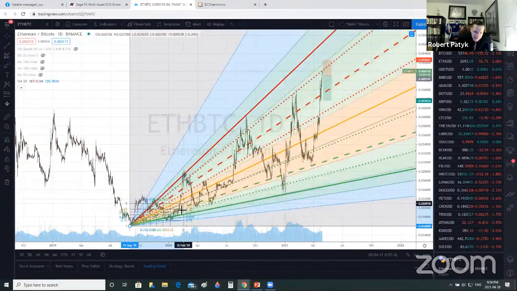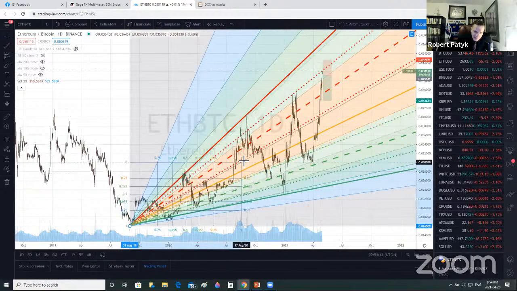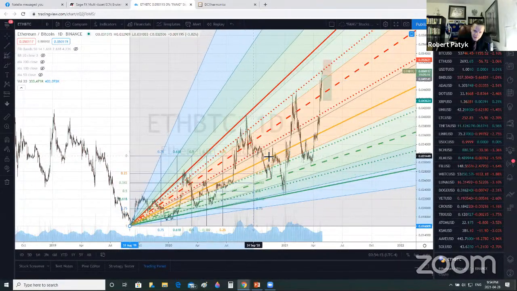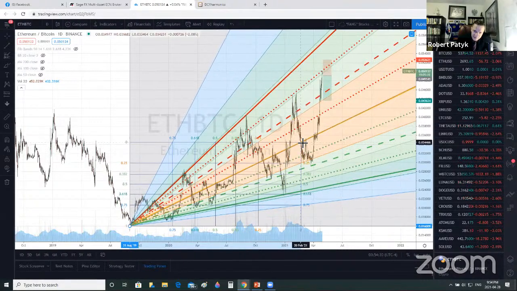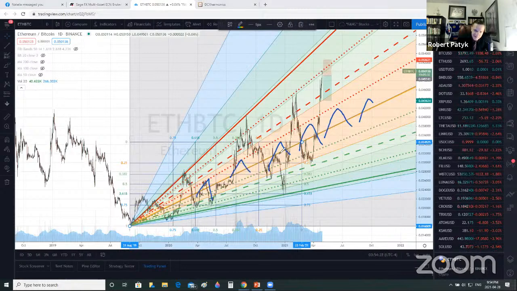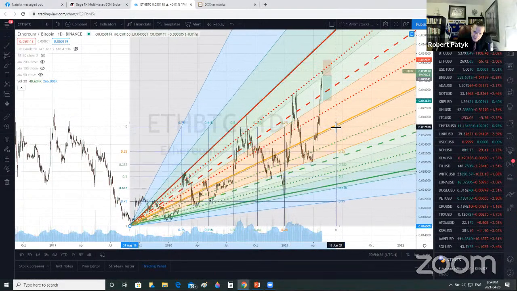If you find a series of peaks that line up nicely with one straight line, that's where you want to put it, and it just so happens to be this yellow line that I used. If there was a peak here, a peak here, and a peak here, and you see a nice straight line, chances are that's where you want to put the middle of this fan. In this case, I'm just overlapping it with the yellow.